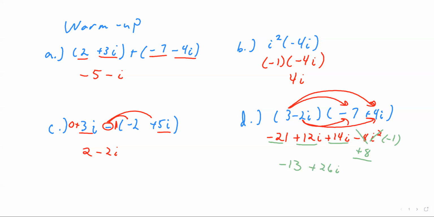All right, and then part E, where'd it go? Oh, there it is. I hit it too many times. All right, so this one, same process. You're still going to FOIL this out.